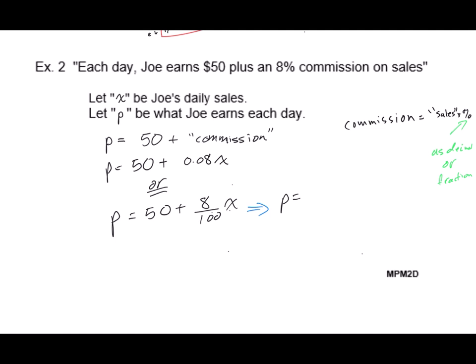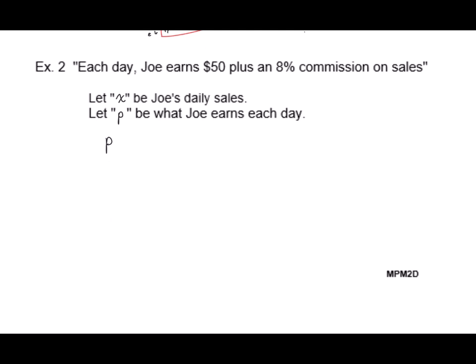P is equal to 50 plus 2 over 25x. And then you would use something like this to do some form of optimization or maximization of profit, depending on the rest of the problem that was described.